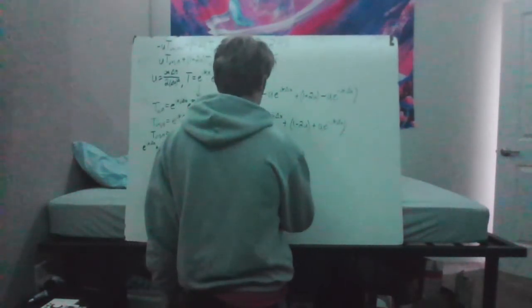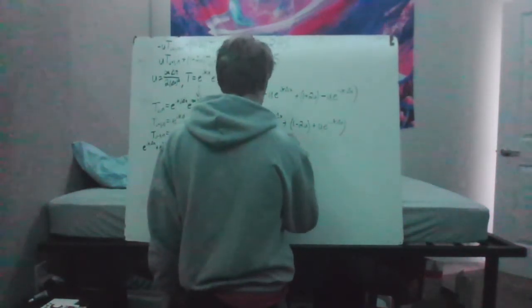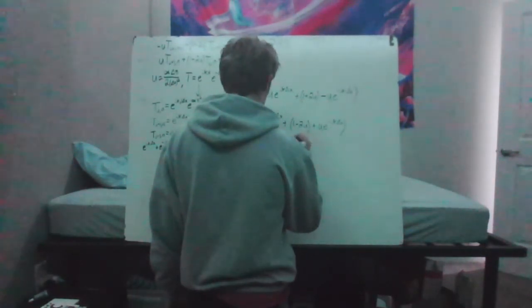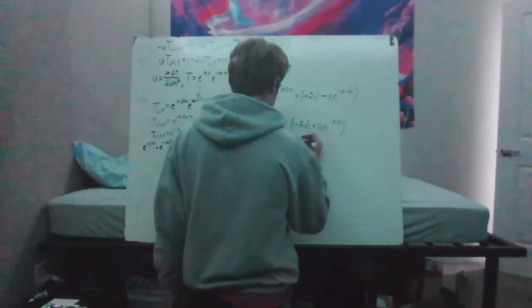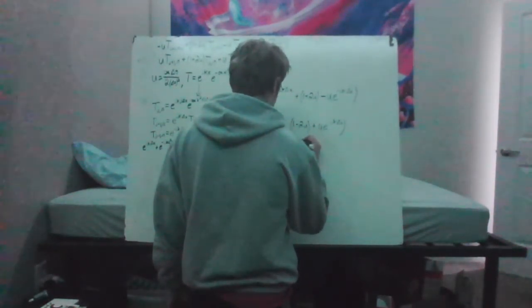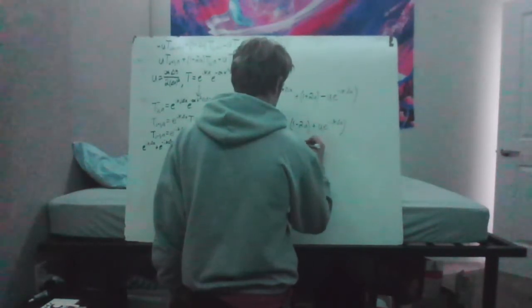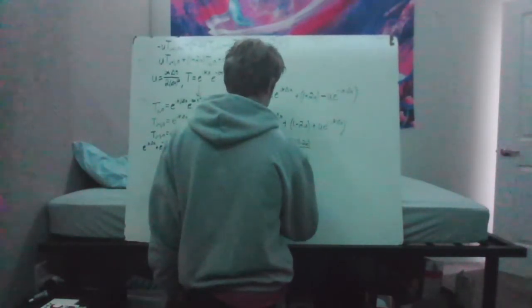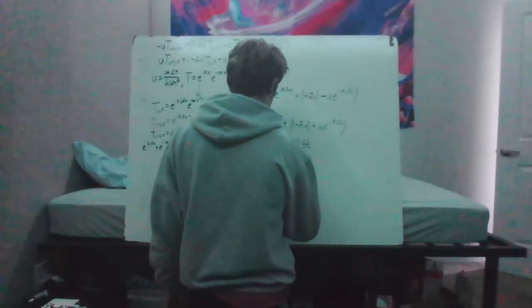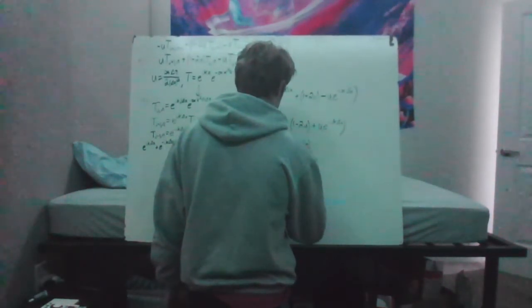And then on the top here we'll have 2u cosine k delta x plus 1 minus 2u, and then on the bottom negative 2u cosine k delta x plus 1 plus 2u.